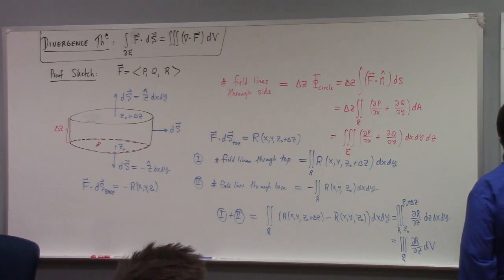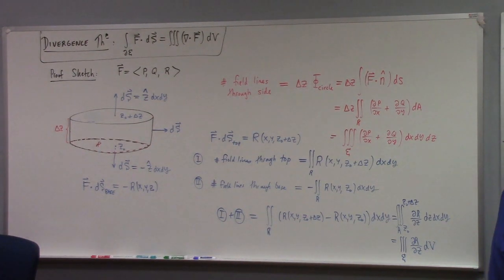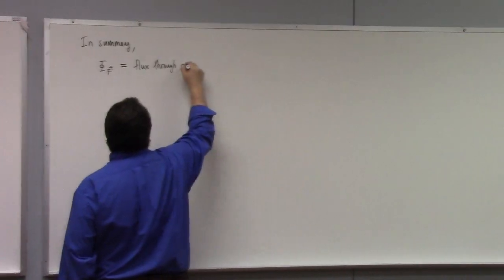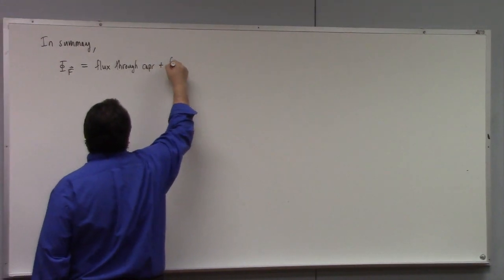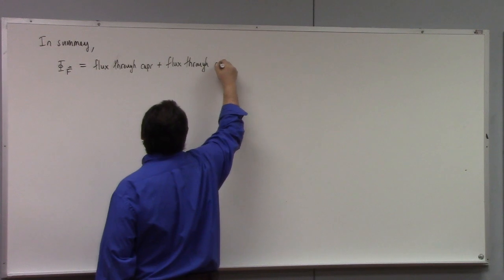The flux through F, right, which is equal to what? The flux through the caps plus the flux through the side, the curved side, right?